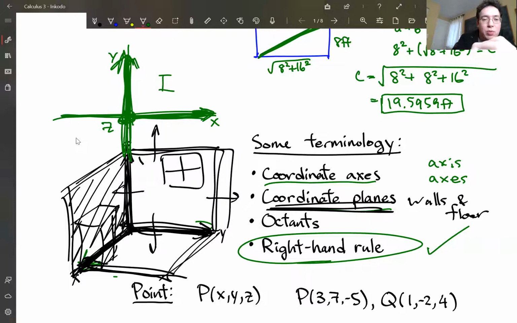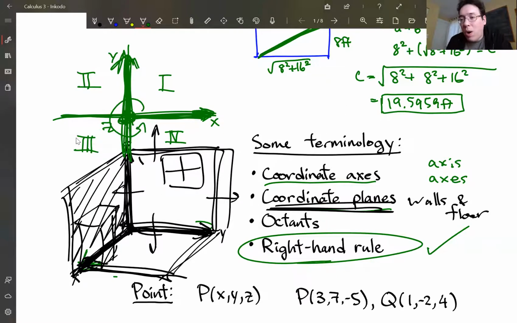This is the first quadrant, this is the second quadrant, that's the third, and that's the fourth. So you start with the positive x-axis and go counterclockwise to name the quadrants. That's a little bit more difficult to do in 3 dimensions, right? So how do we name them?